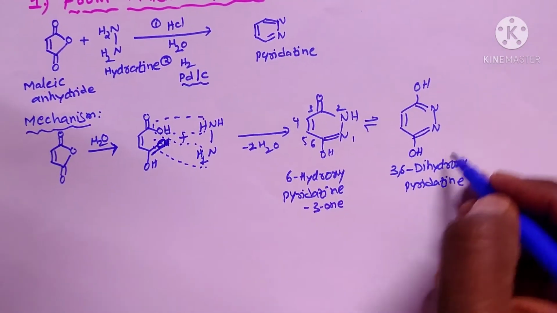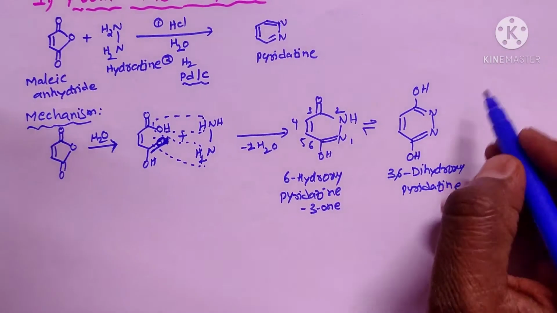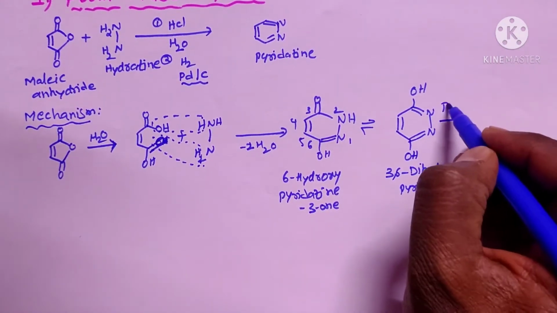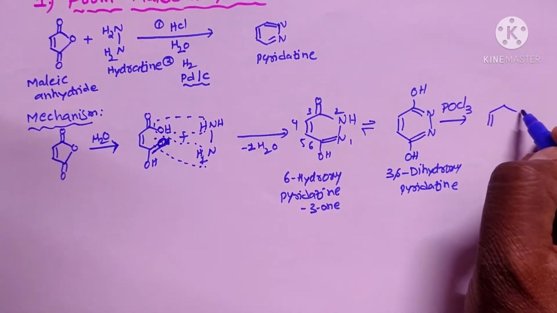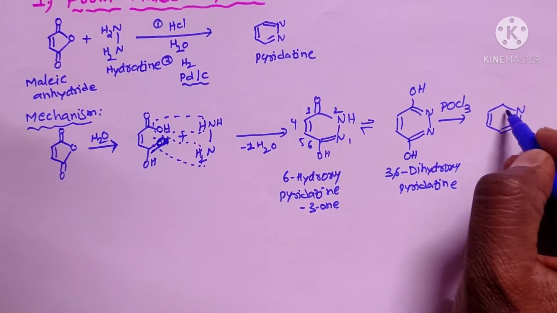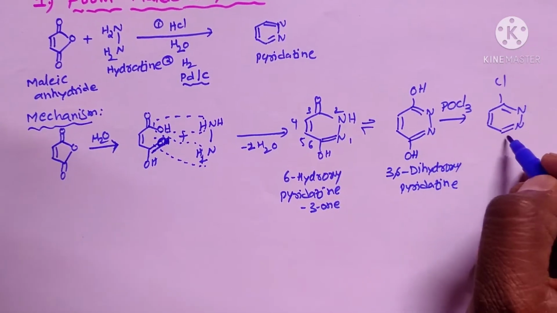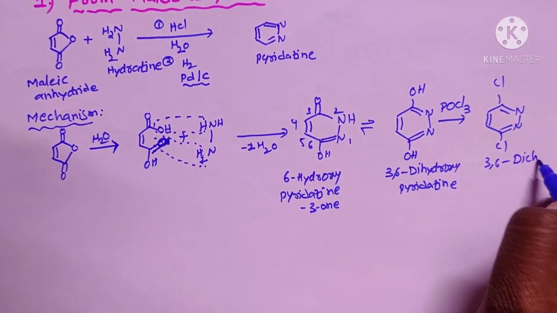When this 3,6-dihydroxypyridazine is treated with phosphorus oxychloride, that means POCl3, we get 3,6-dichloropyridazine.